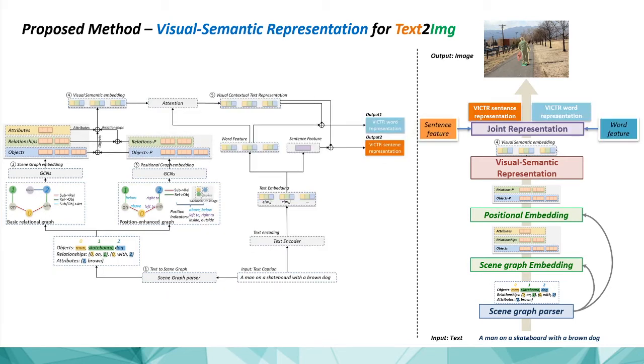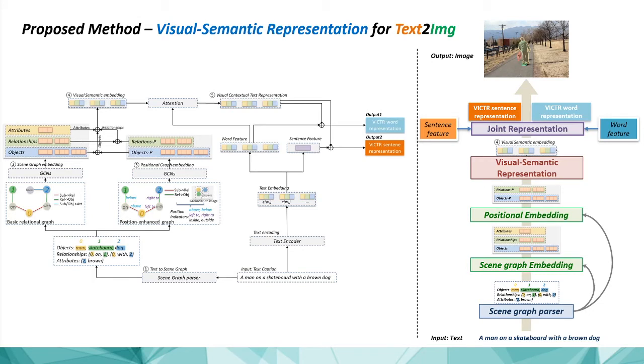In order to successfully ground this visual semantic information into the text description, we integrate this into the word and sentence representation from raw text. We apply the attention mechanism between the words and visual semantic embedding. The attended visual semantic embedding represents the importance of each object-based visual semantic information to each word in a sequence of the text caption.